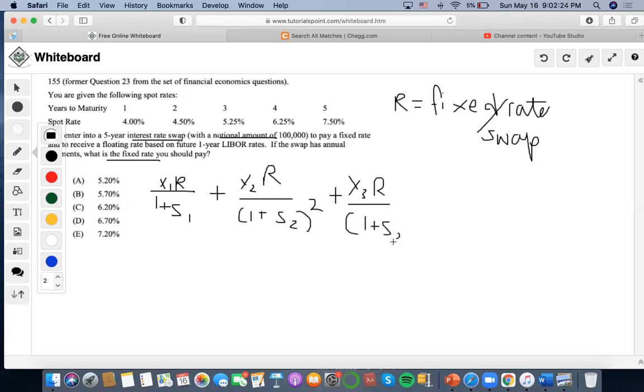It could go on to spot rate 5, and it would just end there. There's no repeating the last segment.